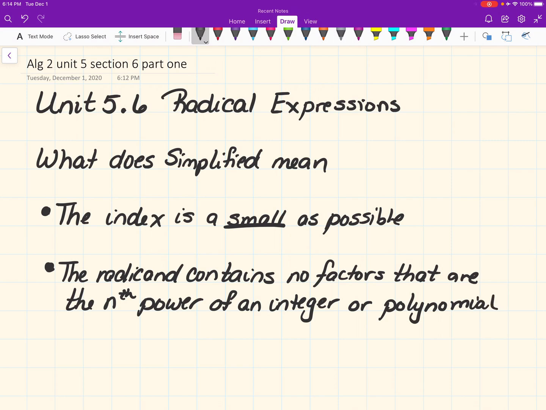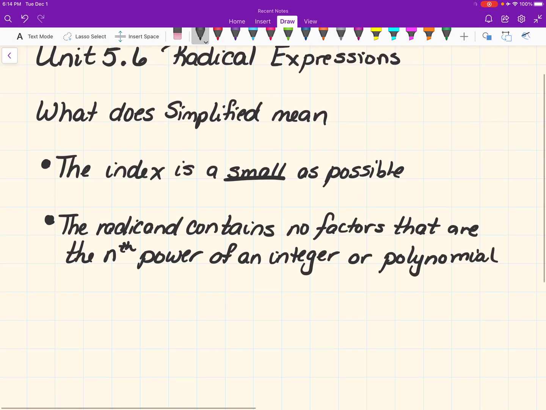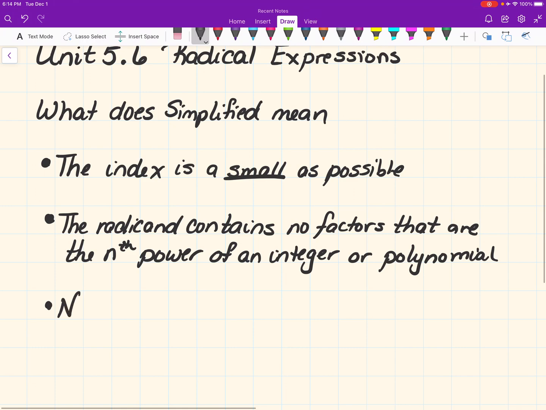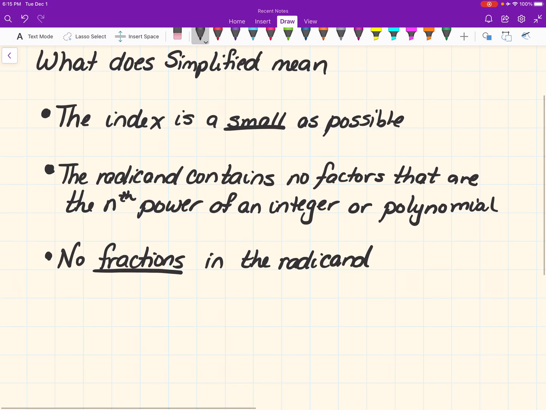So you have to pull out anything that can come out from underneath the radical. No fractions in the radicand. And no radicals in the denominator.